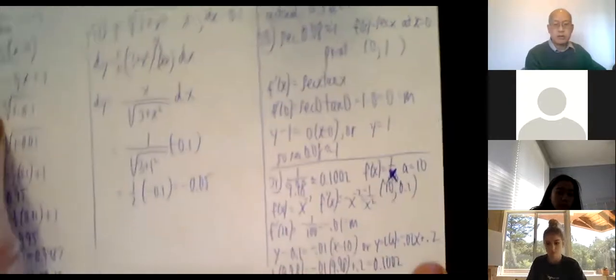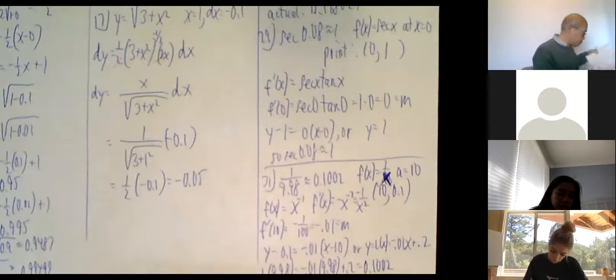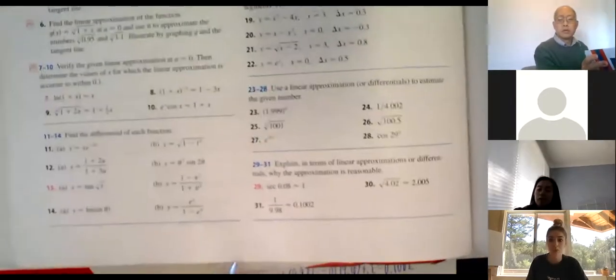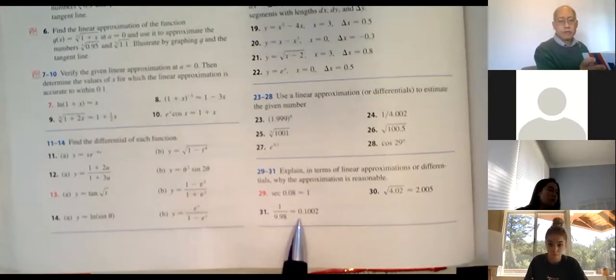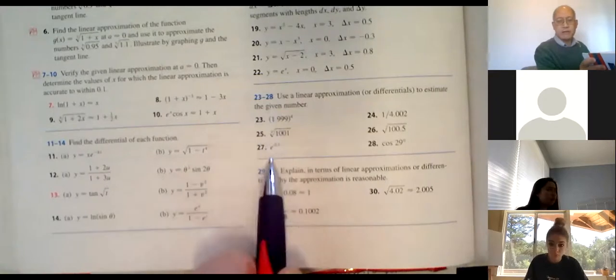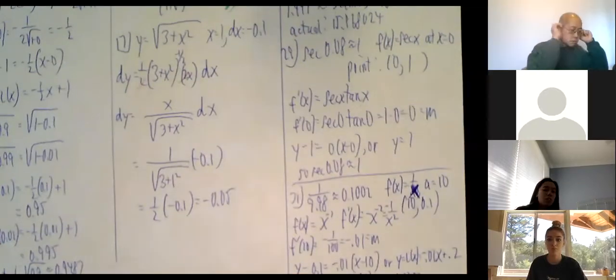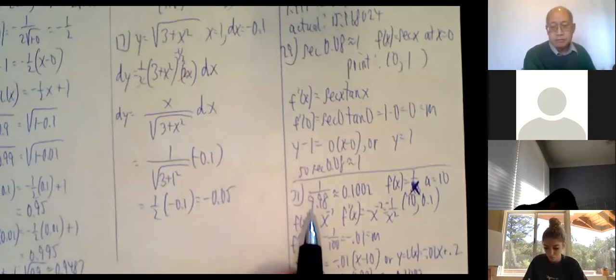Okay, let me try to show you 31, similar theme. 1 over 9.98 is approximately 0.1002. You're doing the same thing as 23, 25, and 27, and they're giving you the back of the book, so to speak. Okay. 1 over 9.98. So what's a nice nearby number? 10. Okay.